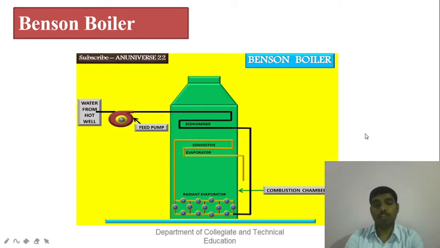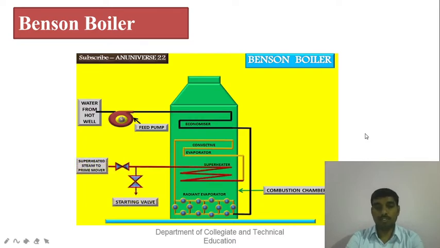Third is the convective evaporator. The remaining water is evaporated in the convection evaporator, absorbing heat from the hot gases by convection. So convection is used to transfer heat from the flue gases to the water, and the water is completely evaporated in this chamber.